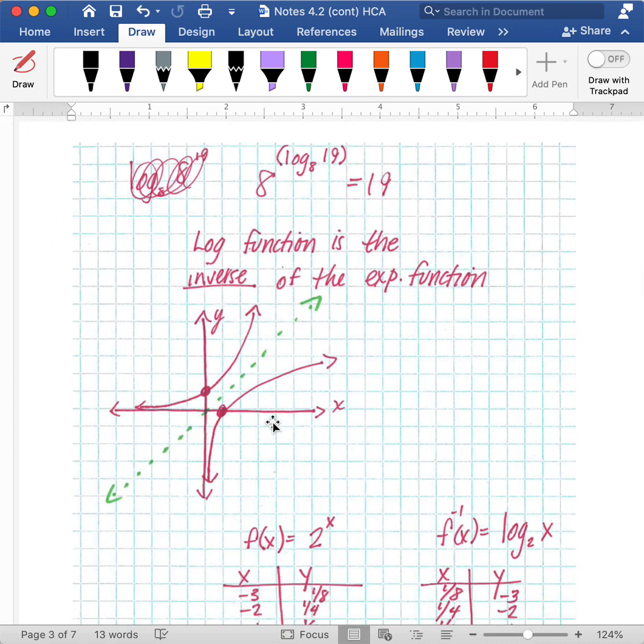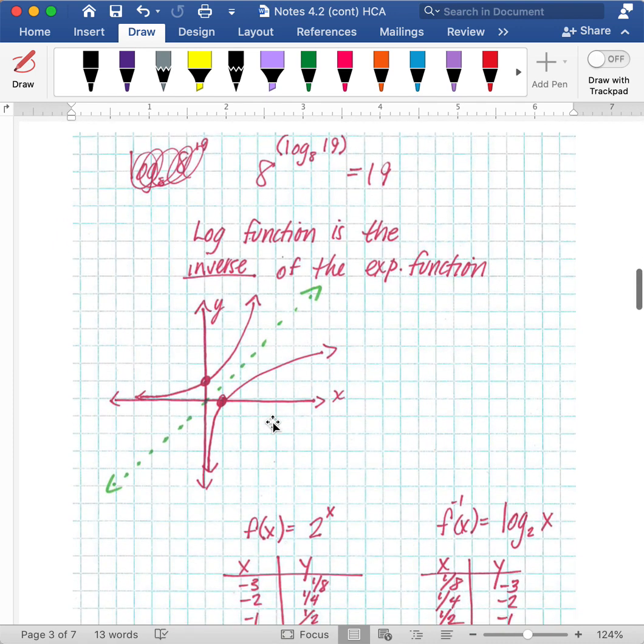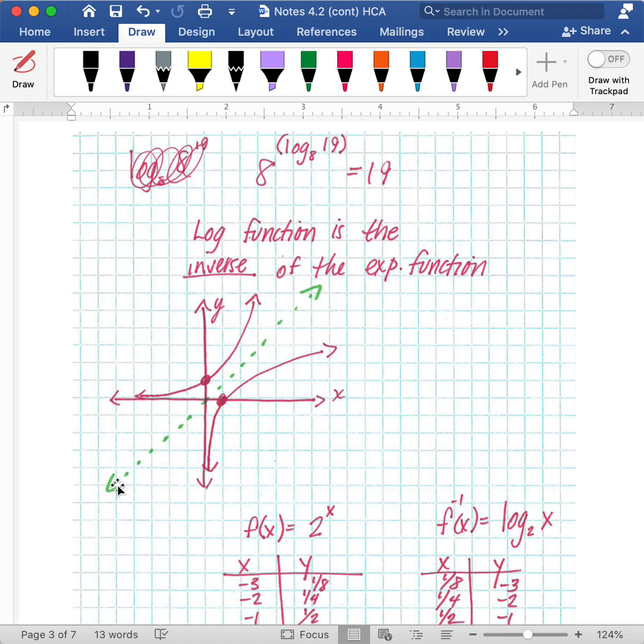This here was just another illustration that these functions are inverses about the line y equals x, that there is a reflection across that line. Notice the key ordered pairs right here: for your exponential function (0, 1), and then for your log function (1, 0).